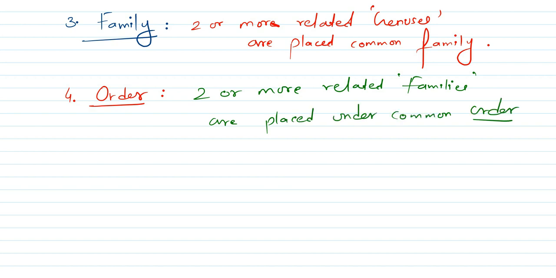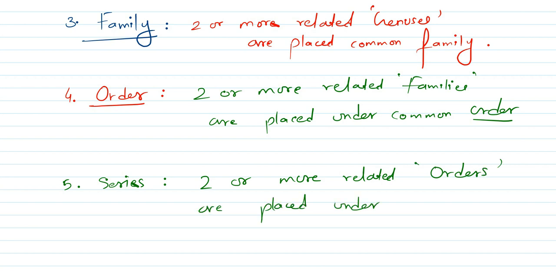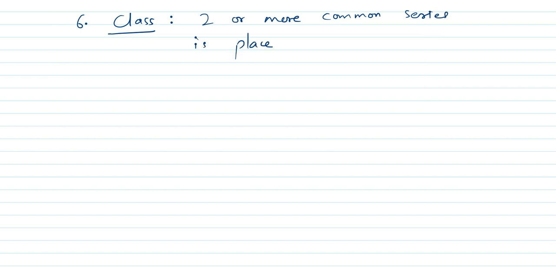Then higher than this, the next is series. So again, if you have to define series, it will be two or more related orders are placed under common series. Next is class. So class will be two or more common series placed under common class.